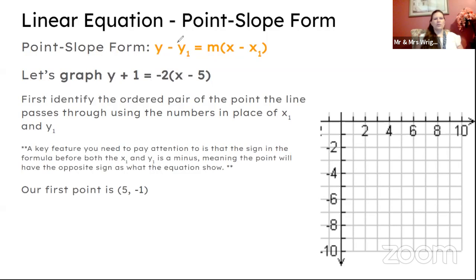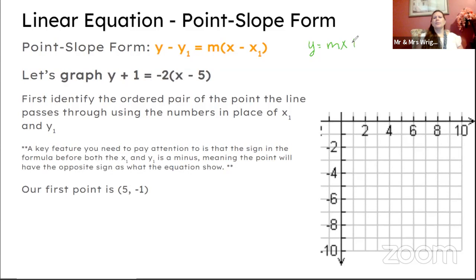One thing I want you to notice: the y1 and the x1, in this case, both have a subtraction sign in front of them, whereas when we had y equals mx plus b, we kept whatever sign the b was because it had a plus in front of it. But in this case, we have subtraction signs. And if you remember, subtraction just means opposite. It just means do the opposite of it.